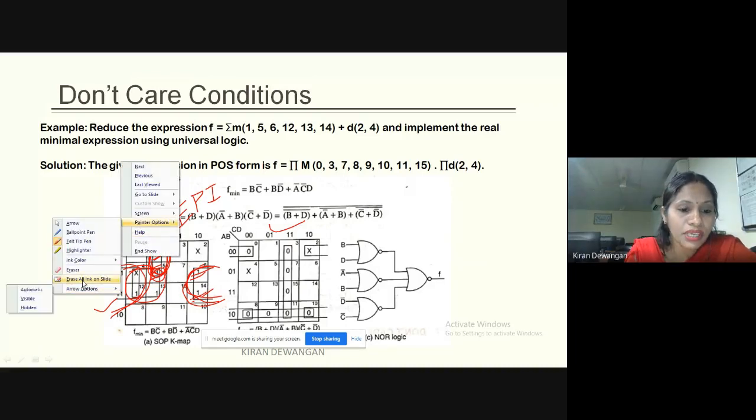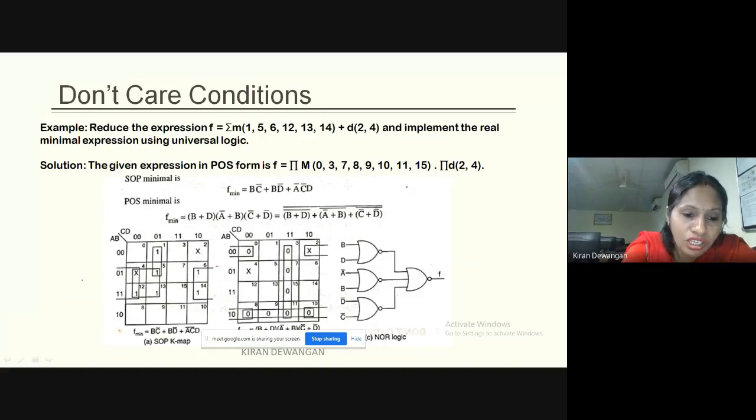So that will be an EPI. I'm talking about this particular quad. In this quad, we have 3 ones and 1 don't care. This one is the first one, and this is the second, third, and this is a don't care term.